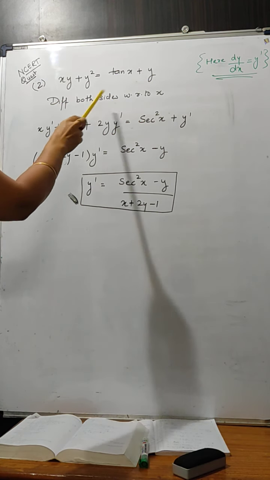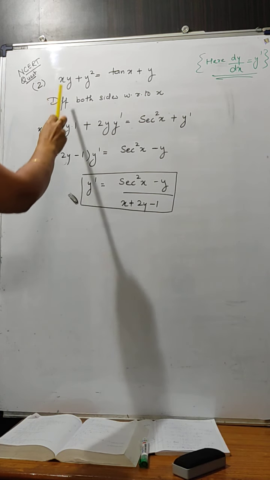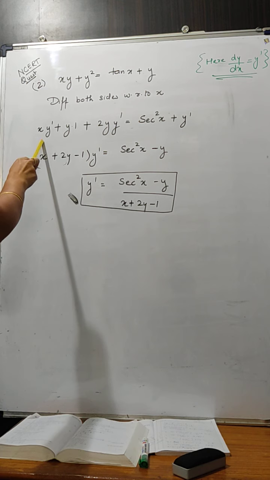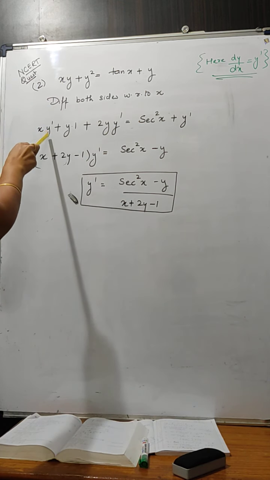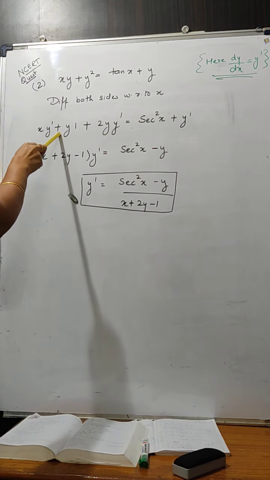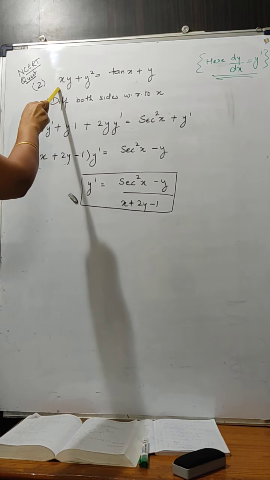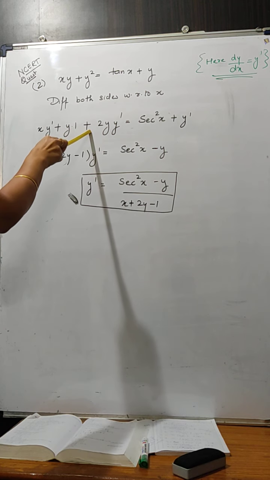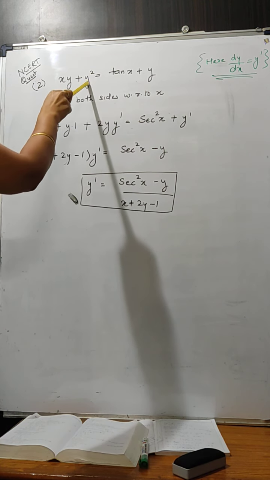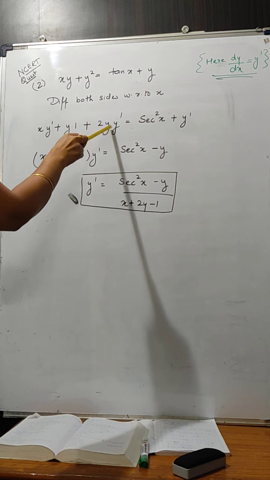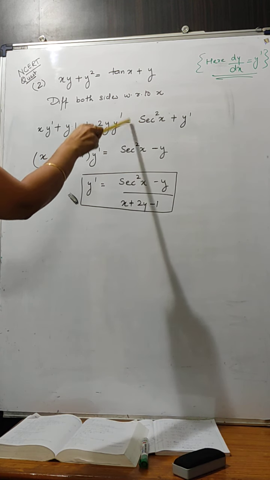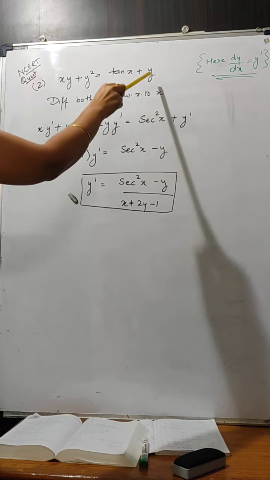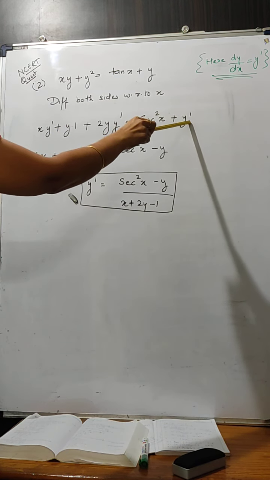Differentiating both sides with respect to x, here we apply the product rule: first function into differentiation of second, so x y dash, plus second function into differentiation of first, so y into 1, plus differentiation of y square, which is 2y y dash, equal to differentiation of tan x, which is sec square x, plus again differentiation of y, which is y dash.